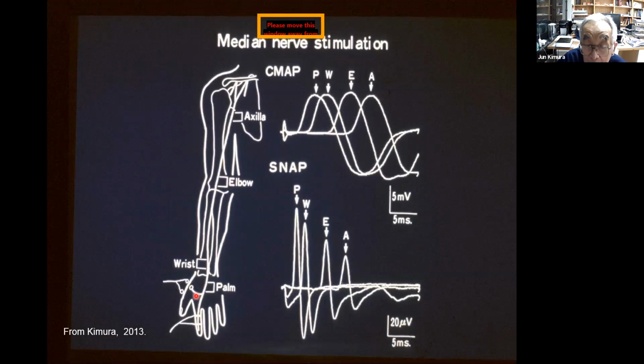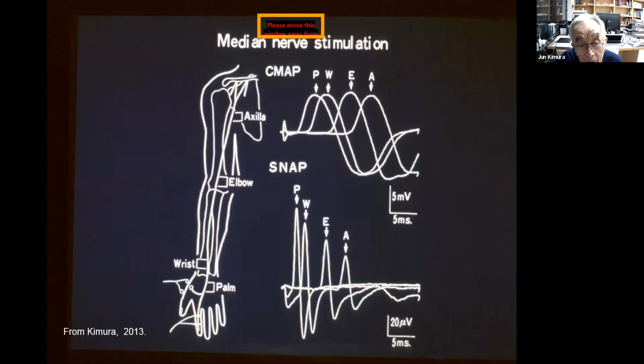Well, this is a matter of synchronization. When you stimulate in the palm, in the median nerve, you have physiologically fast conducting and slow conducting axons. But if the distance between the stimulus point and the recording point is short, whether you have fast or slow conducting axons, it really doesn't matter that much. They all arrive at the target around the same time.